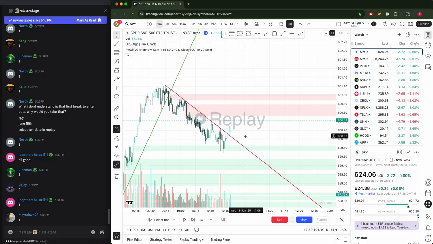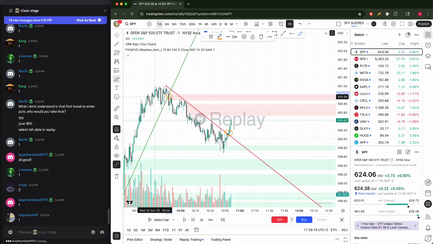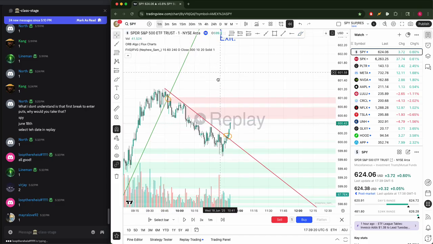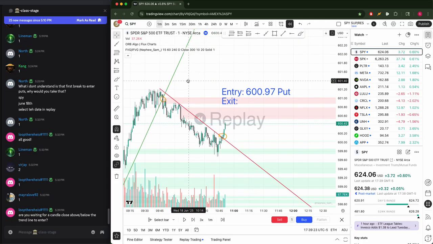So right here, this is where we would have got stopped out, and you would have manually stopped yourself out here. So entry was up here at 697, and your exit was the candle close, 614.